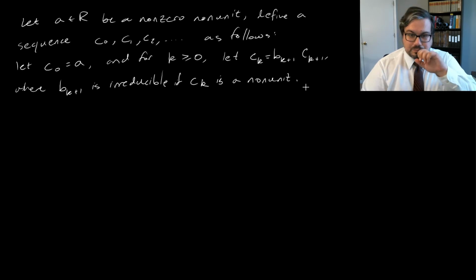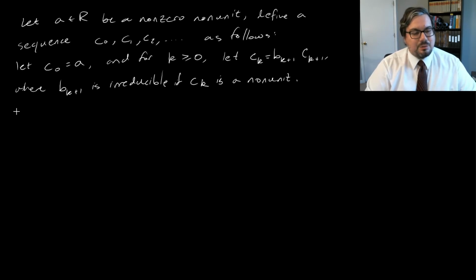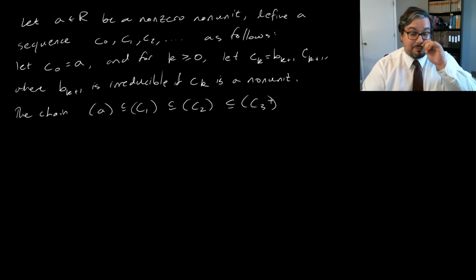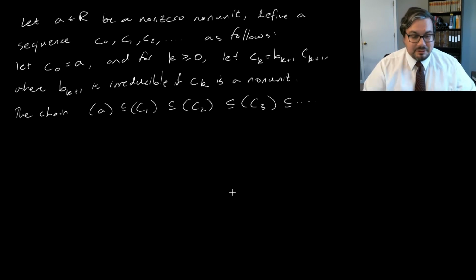Now again, we have the chain of ideals that goes: the ideal generated by A, which is contained in the ideal generated by C1, because C1 divides C0, which is A, which is contained in the ideal generated by C2, which is contained in the ideal generated by C3, etc. And this has to eventually stabilize.